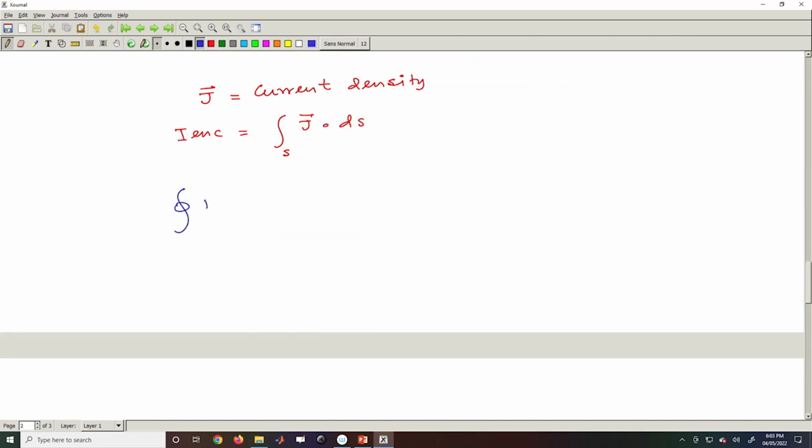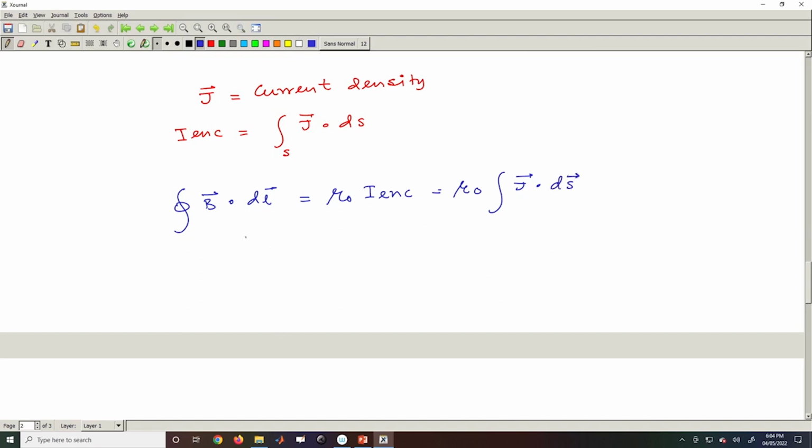So, we find B dot dl is equal to mu 0 I enclose, and I enclose I can write in terms of the current density J, so it should be J dot ds.